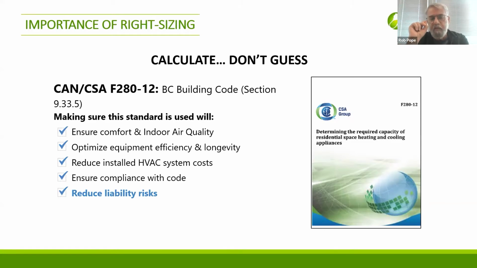And if there is not a load calculation done as required in the code, then technically that is a legal tool that a lawyer could use. In the same vein, we want to reduce our liability risks. All these are good reasons to use proper load calculations, which happens to be F280-12.